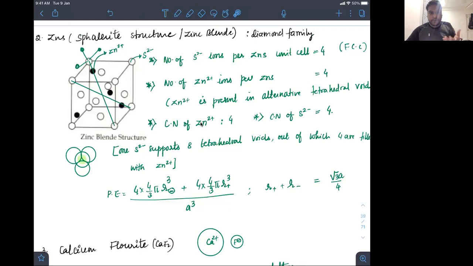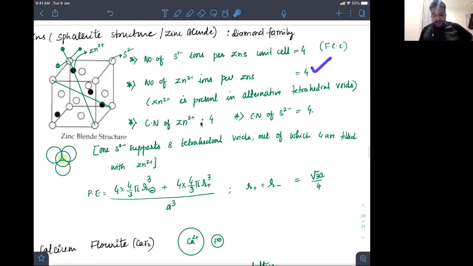So like that, there are 4 body diagonals. This is one body diagonal, you have found one here. This is one body diagonal, we have found one here. This is one body diagonal, we have found one here. This is one body diagonal, we have found one here, like this. So we will have 4 zinc alternately distributed. Therefore we have 4 zinc here in the alternate tetrahedral voids.